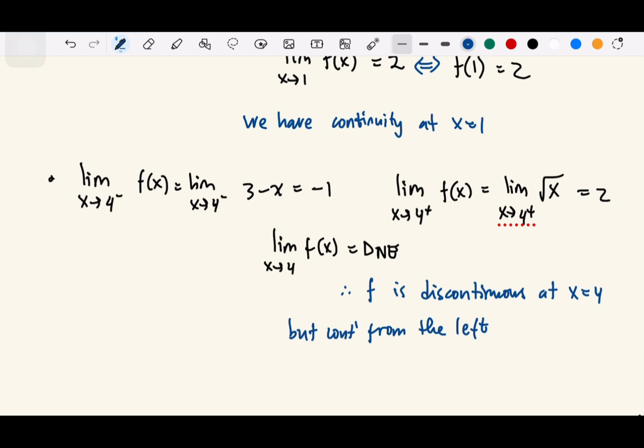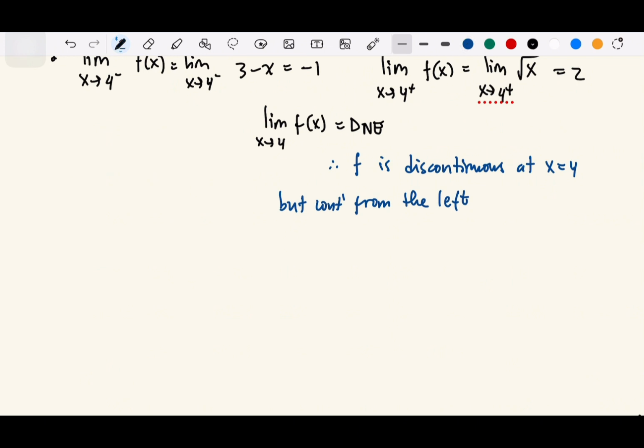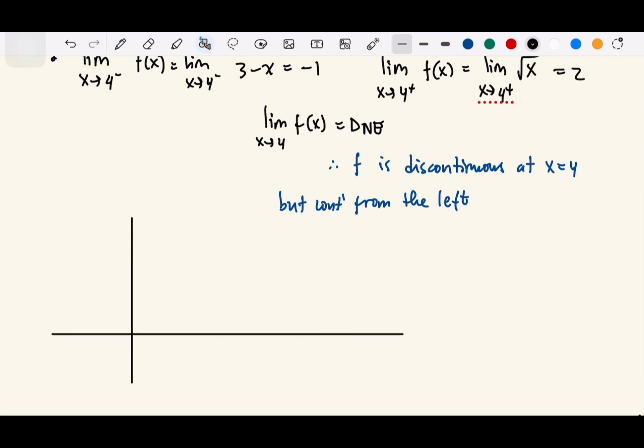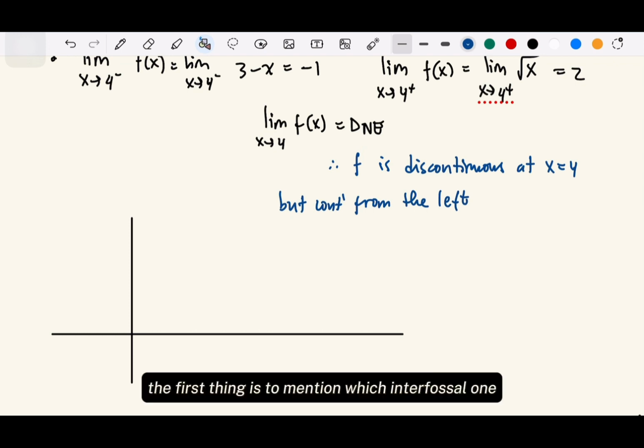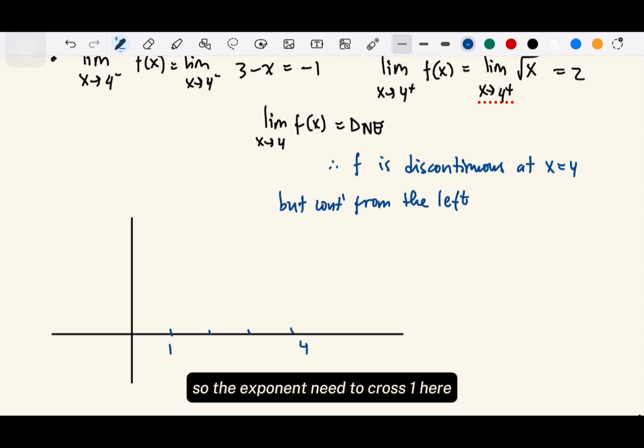Okay. If you are curious and want to make the graph, I think it's not that difficult to draw, right? So the first thing is to mark the intervals. So 1, and this is 4. So the exponential needs to cross 1 here. So we have that one, at least that one, like that.